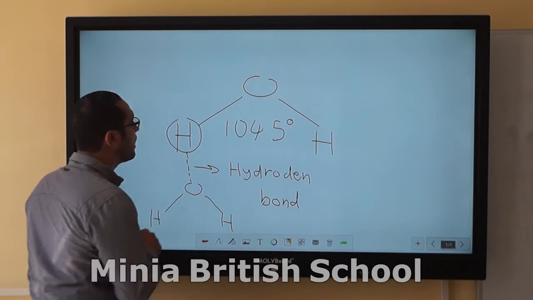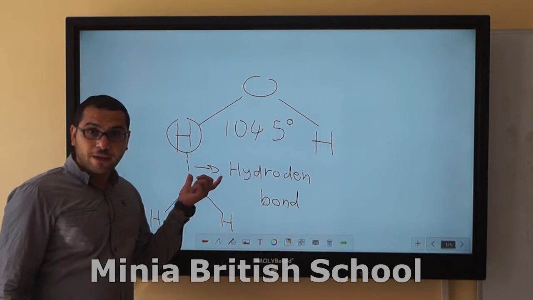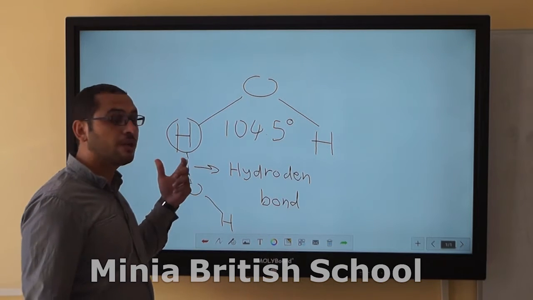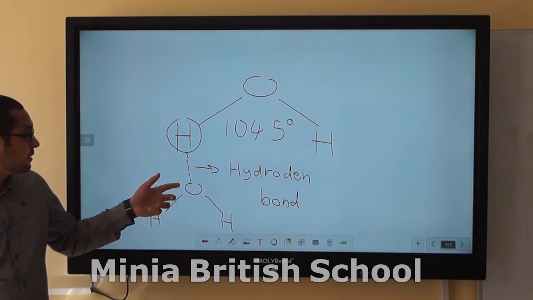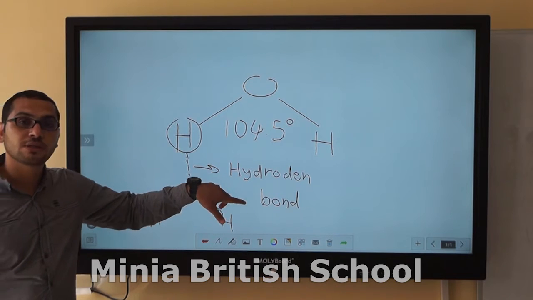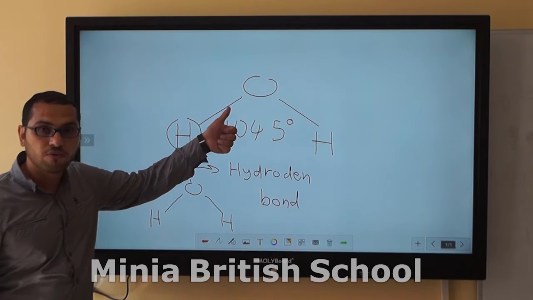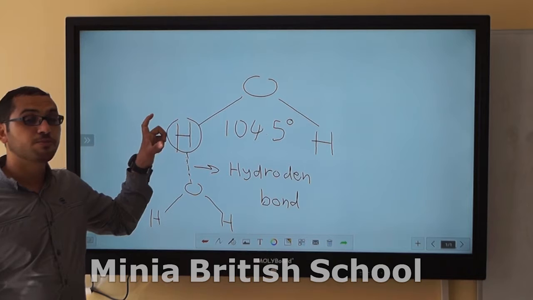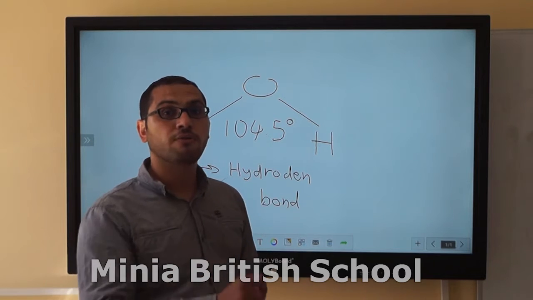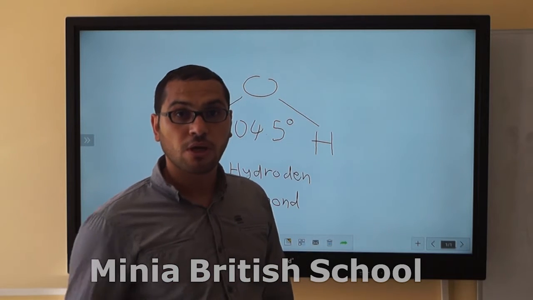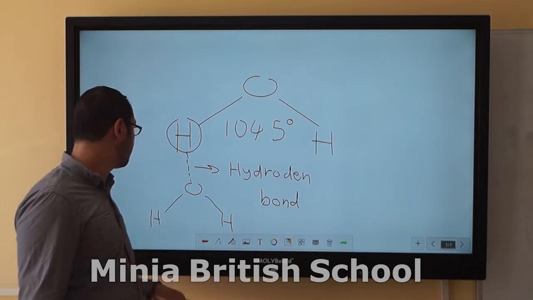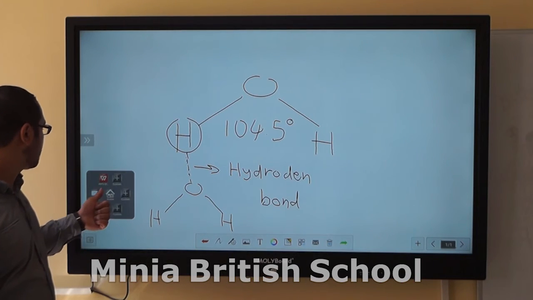If I want to describe this bond, I will find that the hydrogen bond is weaker than the covalent bond, and this bond is responsible for the abnormal properties of water.